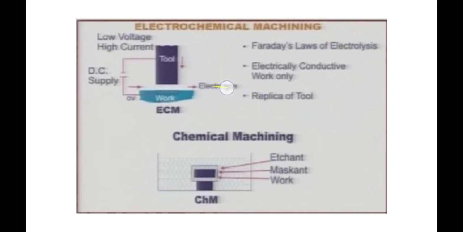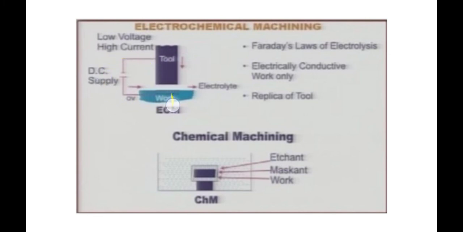Electrolyte is nothing but a solution of normal salt in water. There are other electrolytes also, which we will discuss later on. And when this electrolyte is flowing in between this gap, you connect the tool to the negative terminal and the workpiece to the positive terminal. Then current starts flowing in this gap.